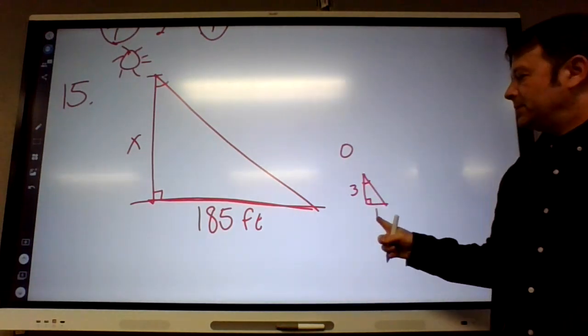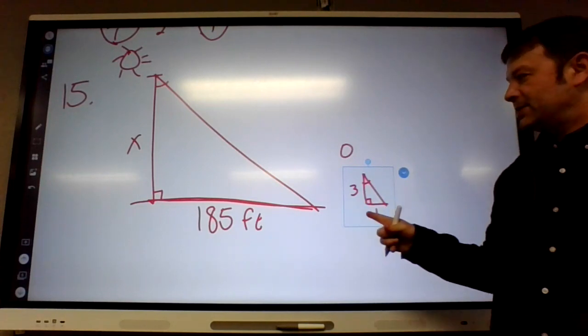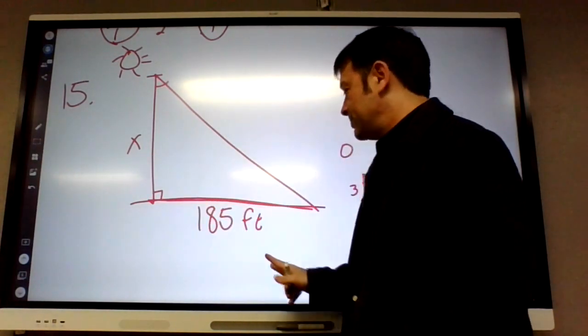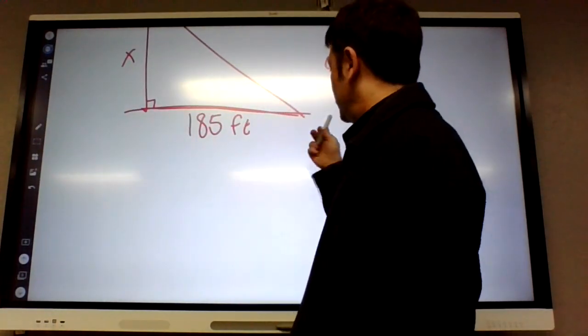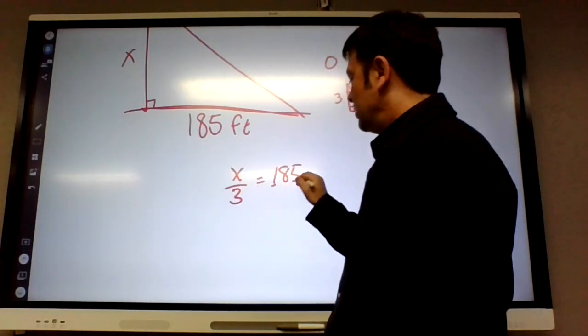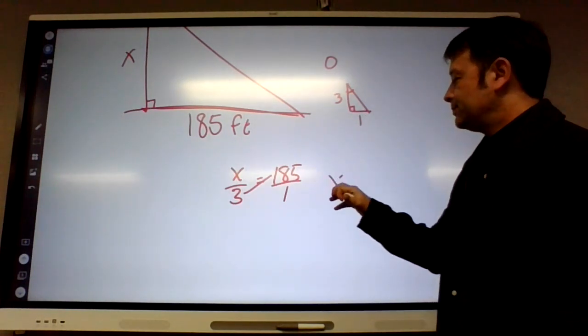Also, this side is 3 times bigger than this, so this side should be 3 times this. So it's just x over 3 equals 185 over 1. Right? So 555. It's 3 times 185.